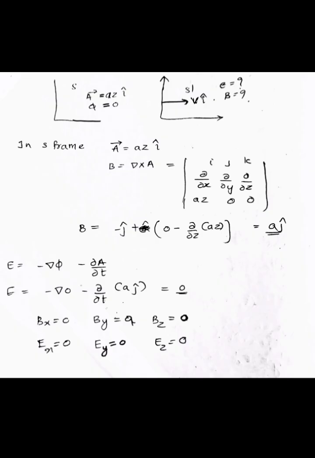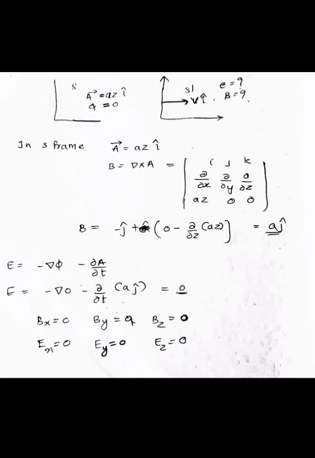In the S frame, we know A is equal to A z I cap and B is equal to del cross A. This is the determinant with i j k, dou by dou x, dou by dou y, dou by dou z, and A z, 0, 0. So B is equal to minus j cap times minus dou by dou z of A z, which is equal to A j cap.